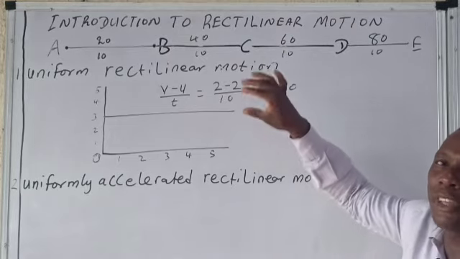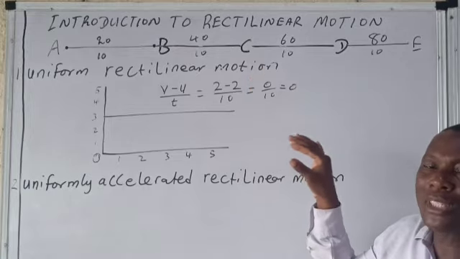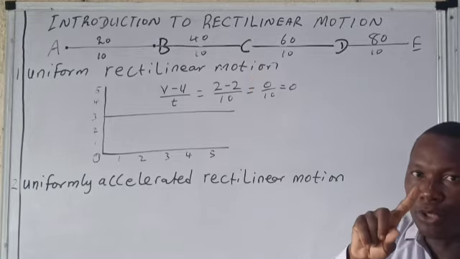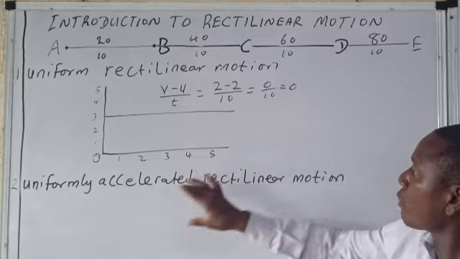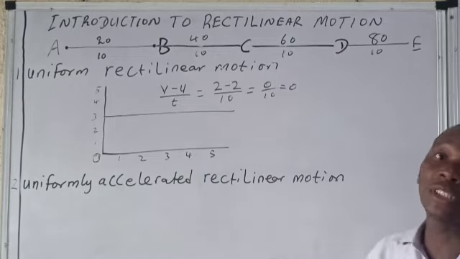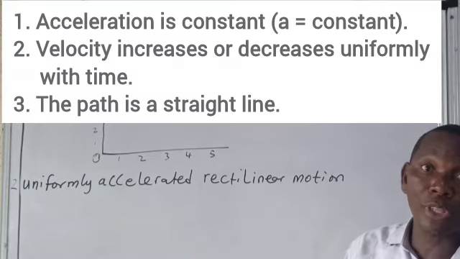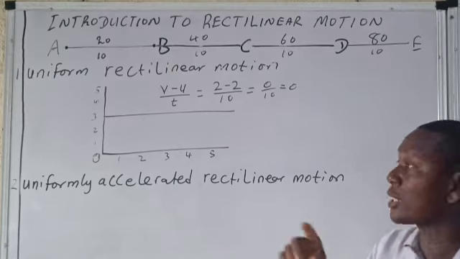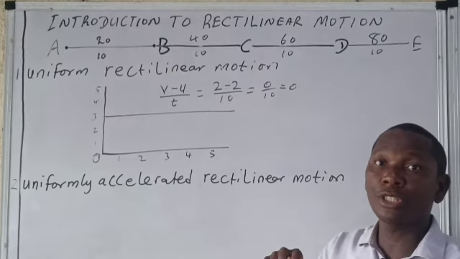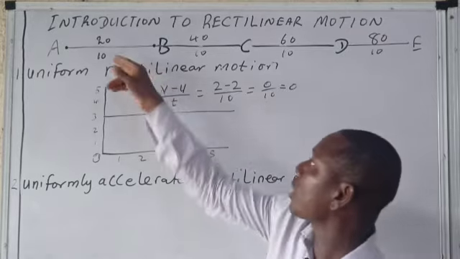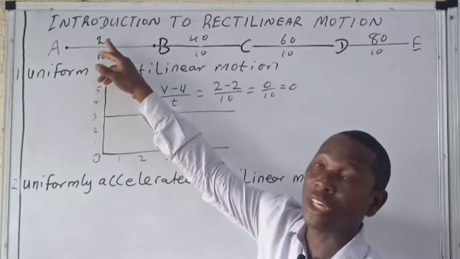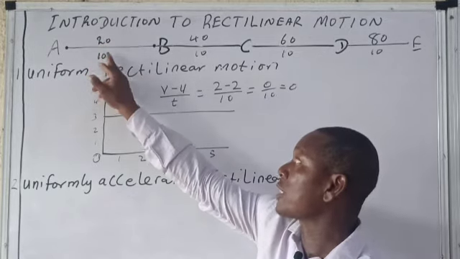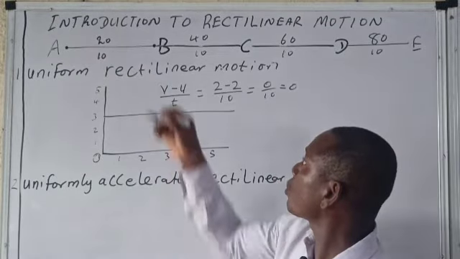Now, there's something unique about this. You notice that the velocity is changing at a constant rate, but the acceleration is constant. So the key features of uniformly accelerated rectilinear motion, as usual, is always in a straight line. The second thing is that the velocity is changing at a constant rate and the acceleration is constant. Now let's prove that the velocity is changing at a constant rate. What is the velocity here? Velocity is displacement over time, so we use this to divide this. What will be your answer?